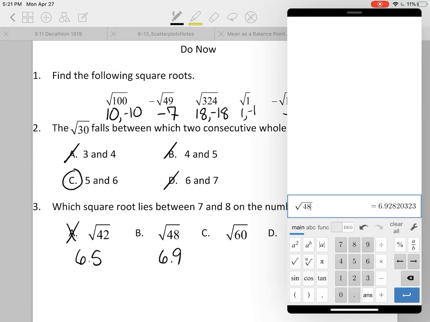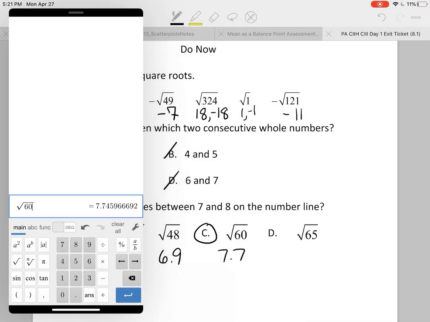That does not fall between 7 and 8. The square root of 60 is 7.7. That does fall between 7 and 8. And the square root of 65 is 8.1, and that does not fall between 7 and 8.